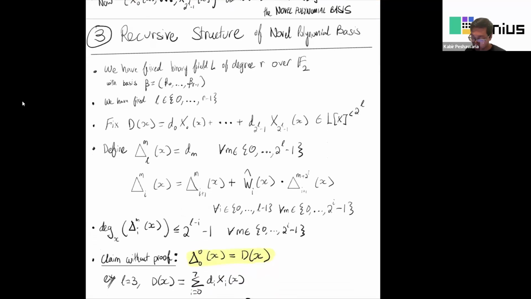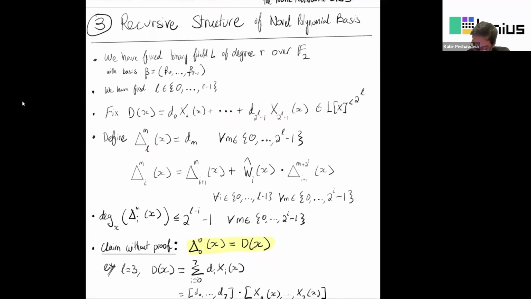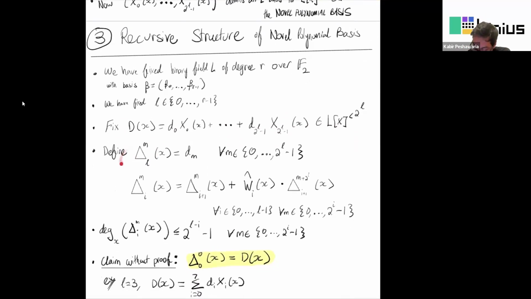Okay. We're now going to define these weird looking operators. Delta ML is how I'll refer to this thing. Delta ML of x is equal to d of m, the mth coefficient in our coordinate vector for this arbitrary polynomial. And this is sort of like the base case.